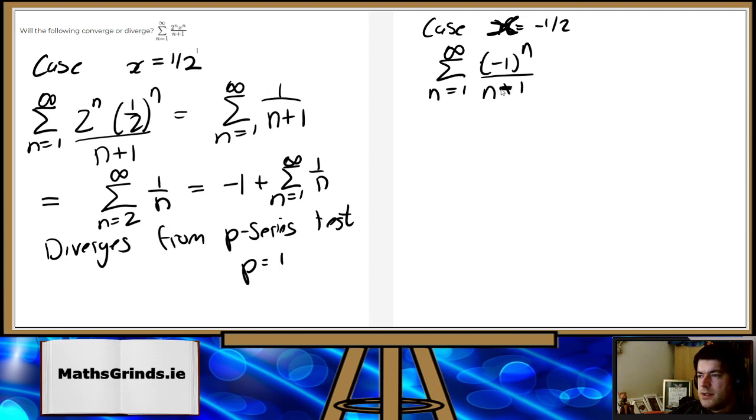So you can do something similar here. This will equal the sum over n, starting at 2. Now we just have to be careful, the first term is a negative, so that'd be minus 1 to the n over n plus 1.